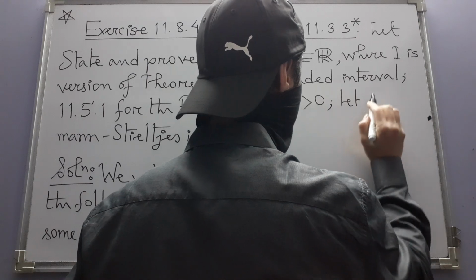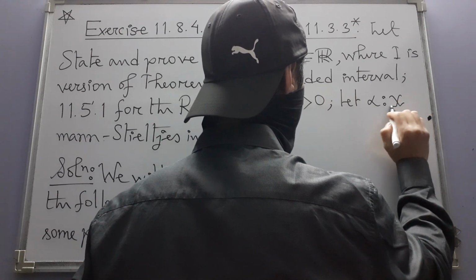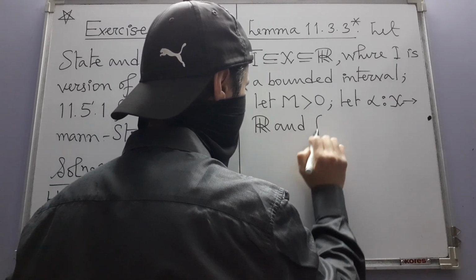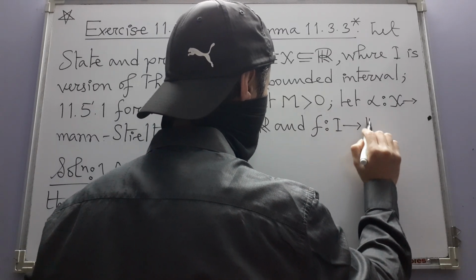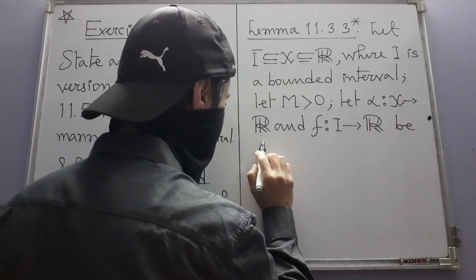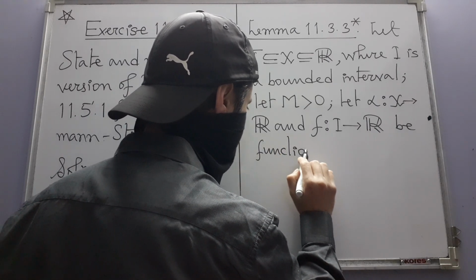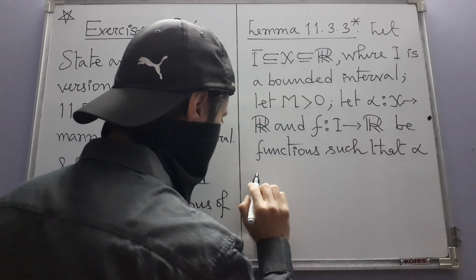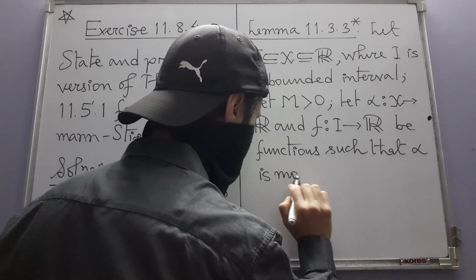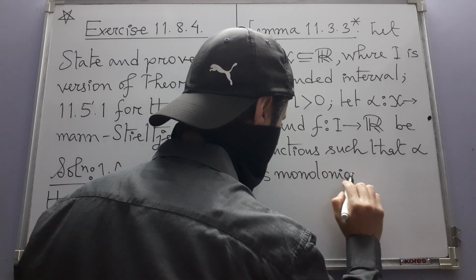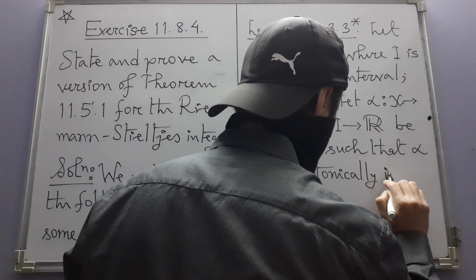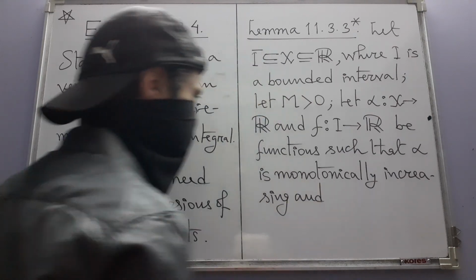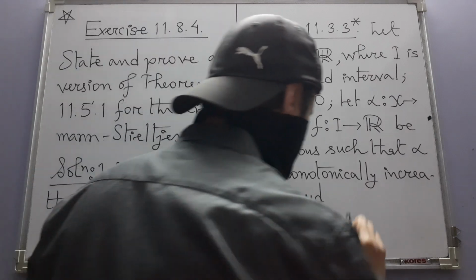Next, let alpha from X to R and f from I to R be functions such that alpha is monotonically increasing and the function f satisfies these inequalities.